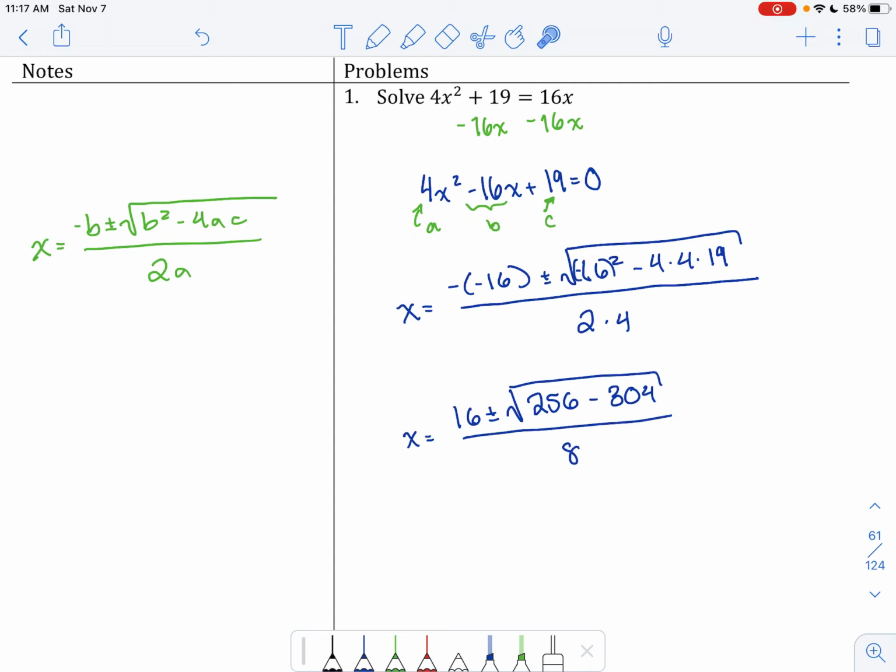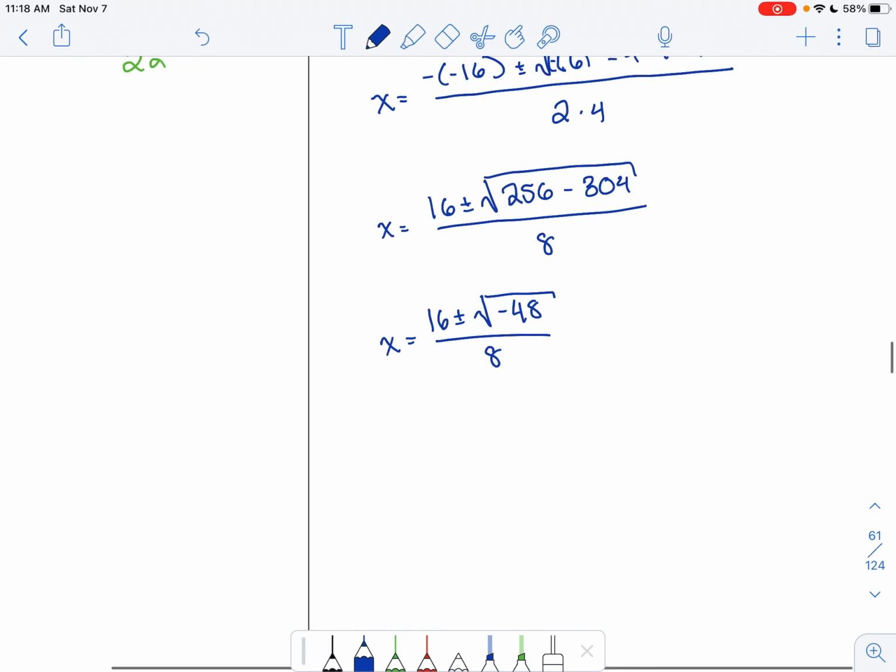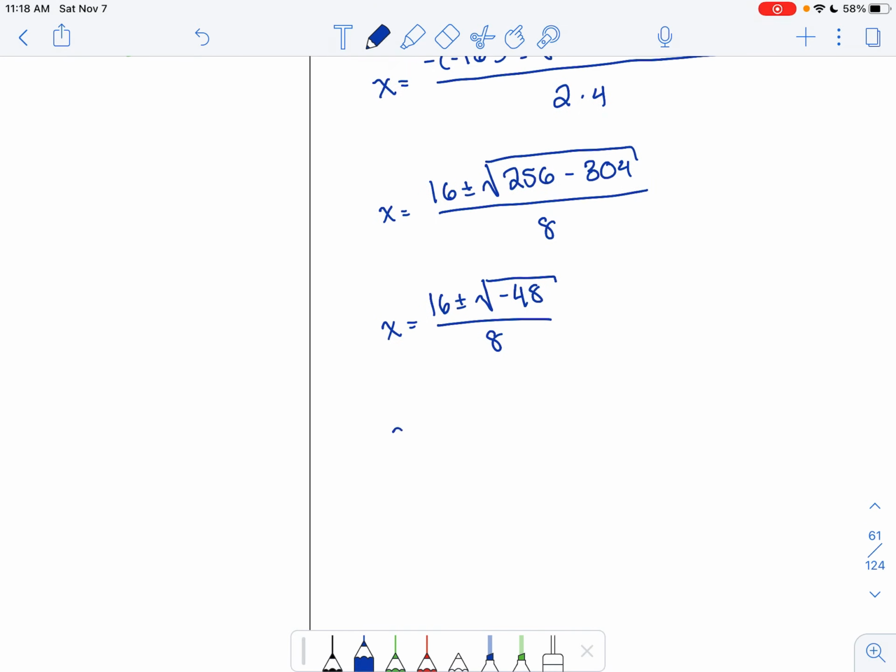And this is how you can tell it's going to be a complex root, because our root term is going to be negative, because we have 256 minus 304. Which gives us 16 plus or minus the root of negative 48 over 8. And we want to simplify that just like we saw in our notes from our last lesson.